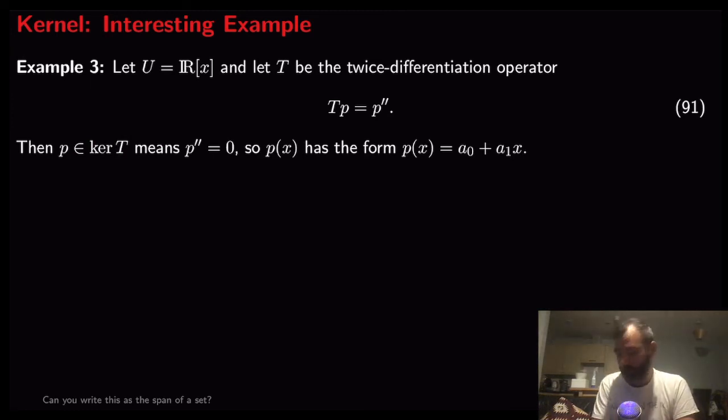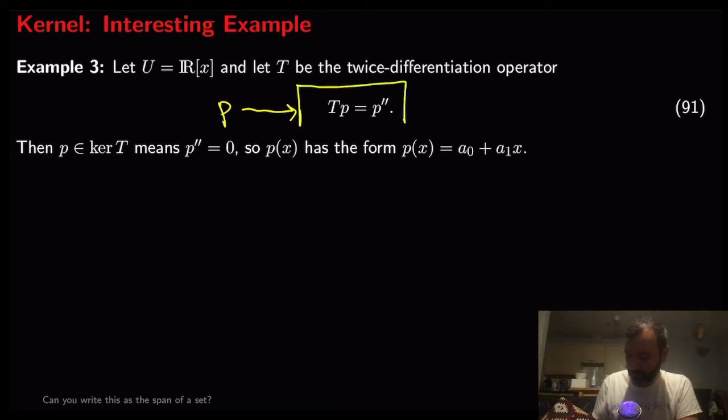Another interesting example. Here, example number 3. Take U, big U, to be the following vector space. It is the vector space of all polynomials. And let T be the twice differentiation operator. This works like this. It's a machine to which you give a polynomial P, and it gives back to you the second derivative of this polynomial.